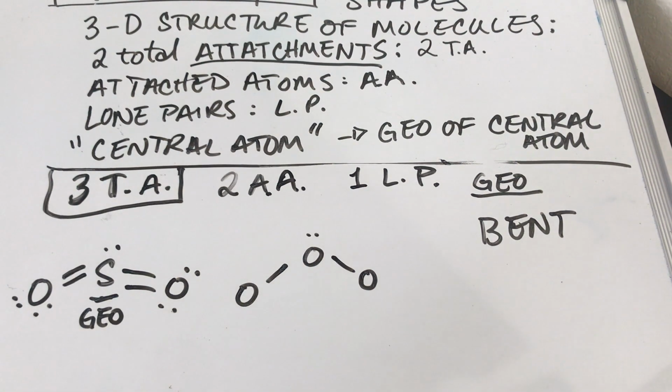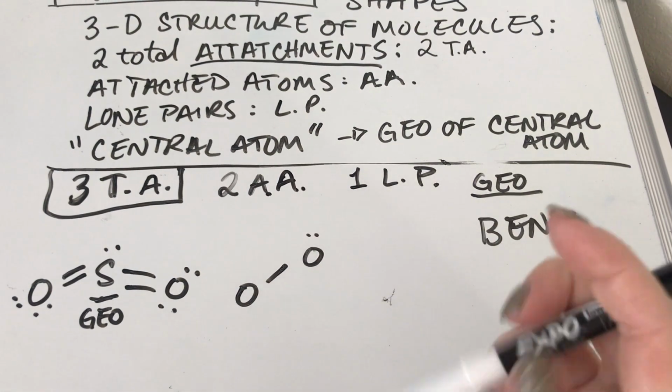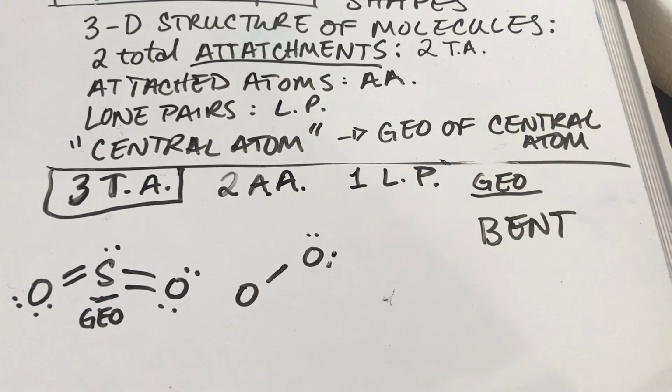Cool. So is there a possible arrangement where you could have one attached atom and two lone pairs? What shape is that? Linear. It's linear, right? So when you get down to having just an atom attached to another atom, it's always going to be linear.